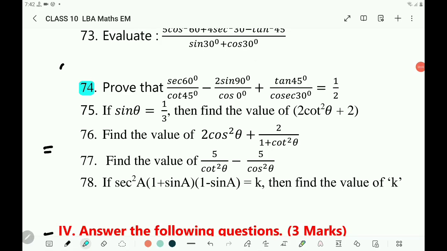Question number 74. Prove that secant 60 degree by cot 45 degree minus 2 sin 90 degree by cos 0 degree plus tan 45 degree by cosec 30 degree is equal to 1 by 2.